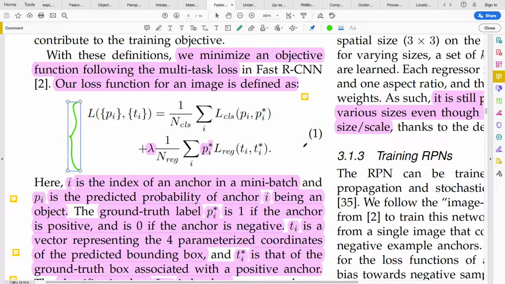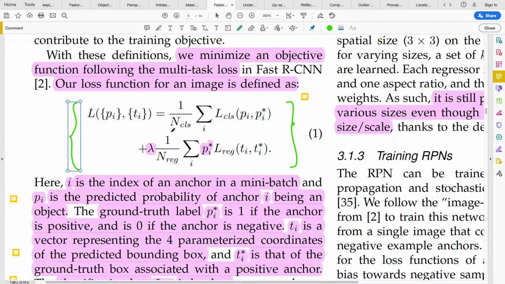So this defines the loss function for the Faster R-CNN paper. Essentially what you have here is the loss, the probability, and the bounding boxes as your input. And this is defined in this format.